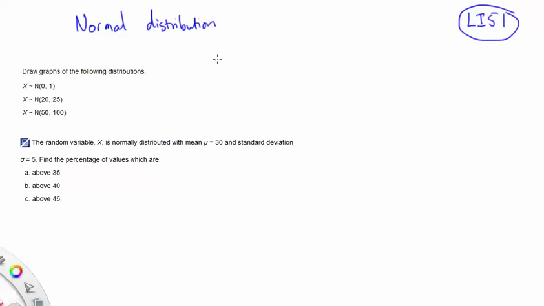Alright, what is the normal distribution? Well, I'm just going to put in brackets Gaussian here, because I know I'm going to call it the Gaussian distribution as well. It's named after a mathematician named Gauss. These days people just call it the normal distribution.